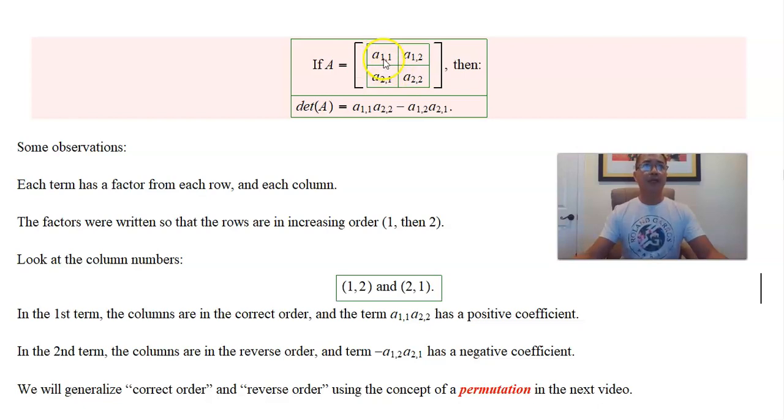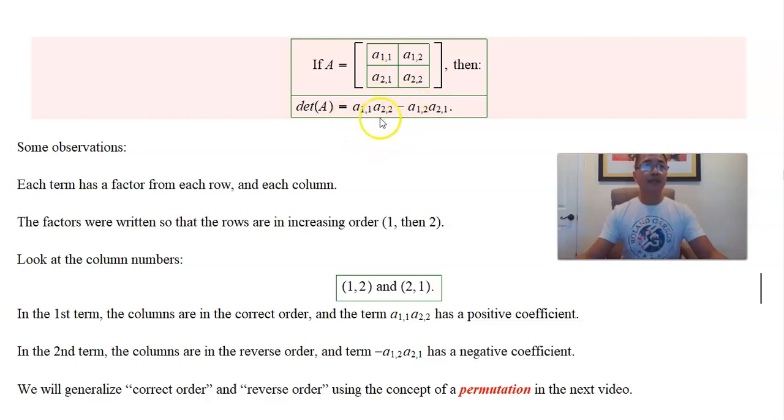Okay, so this is A11, A12, A21, A22. So AD becomes A11 A22, and BC becomes A12 A21. So the second term has a minus in front of it.